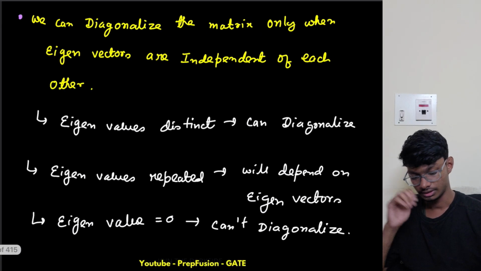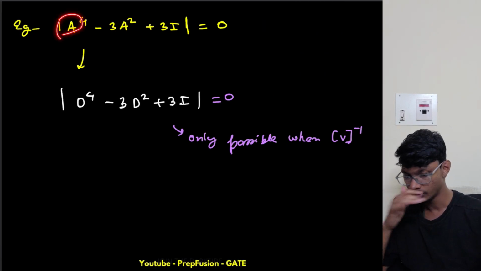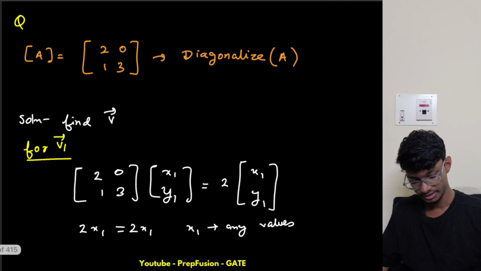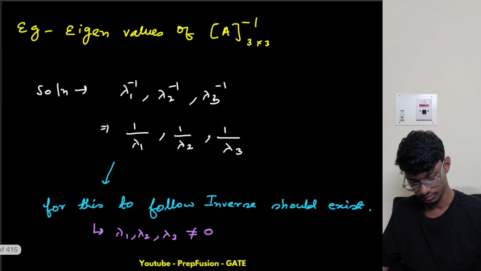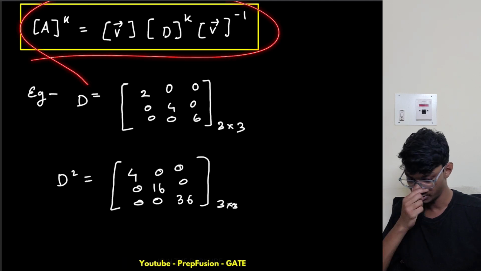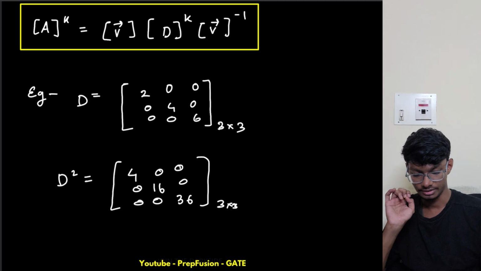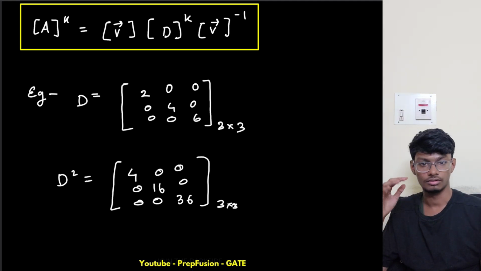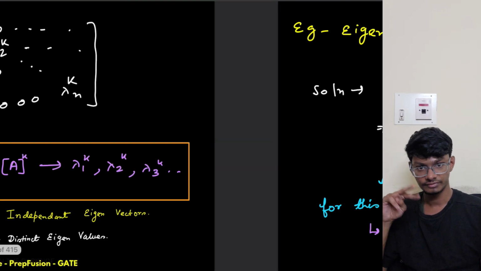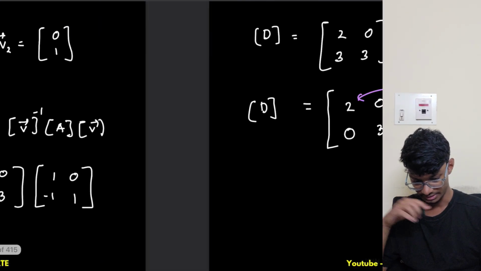So what did I do? I wrote A in terms of this one, right? This property I used. Again, what will happen is that V and V inverse will get cancelled. How? Let me explain it to you.